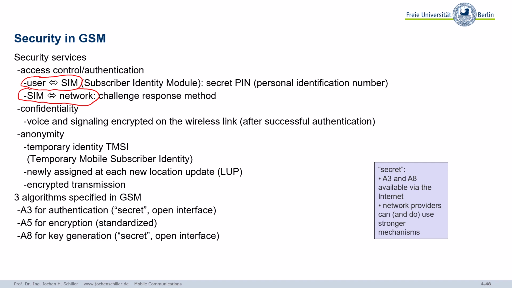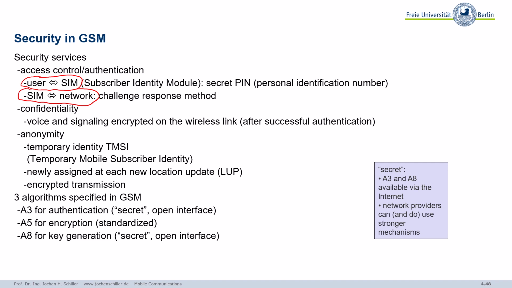What else is important? Anonymity. So we're dealing with phone numbers. They're important. The International Mobile Subscriber Identity identifies usually a person. We don't like this. So we want to keep at least a certain anonymity inside the network.